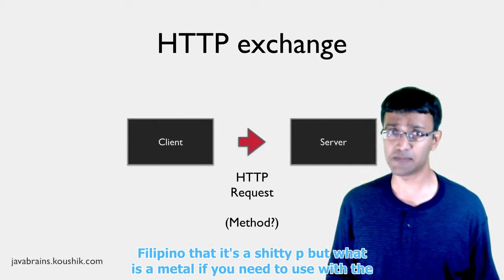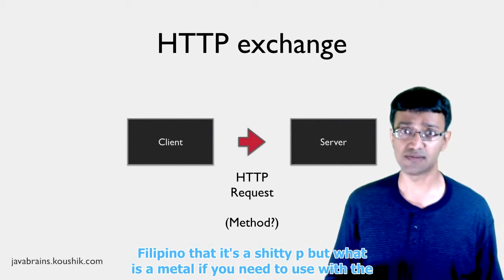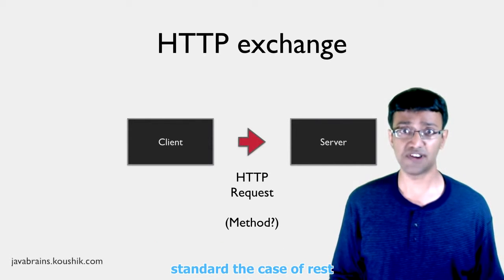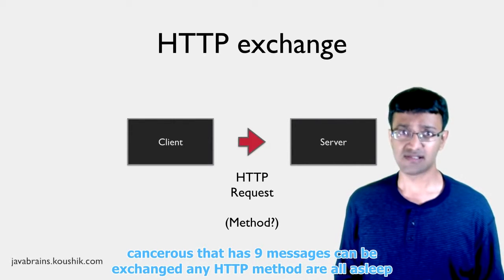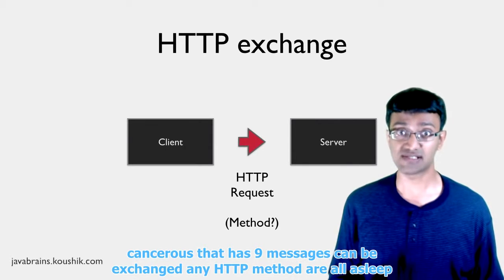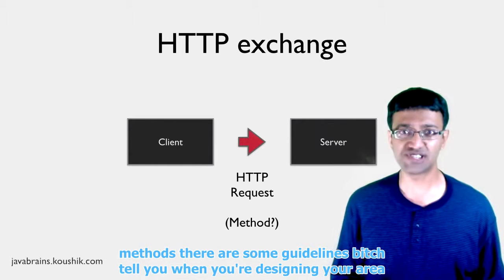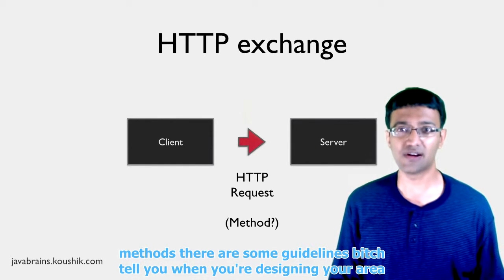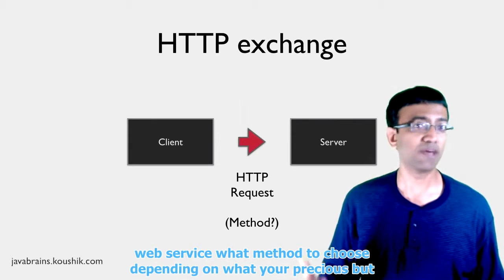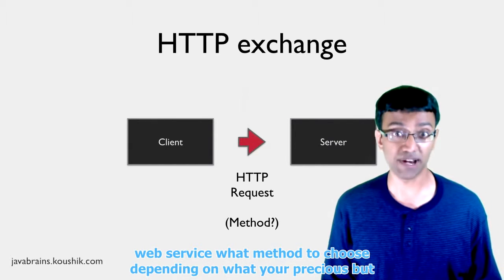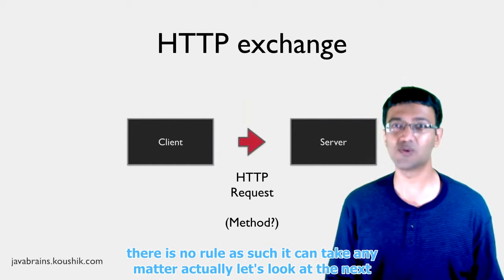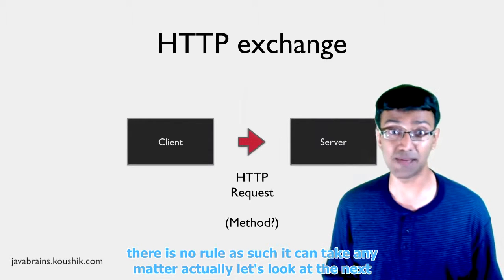We know that it's HTTP, but what is the method that we need to use? What's the standard there in the case of REST? The answer is there is none. Messages can be exchanged in any HTTP method or all HTTP methods. There are some guidelines which tell you when you're designing your API or your web service what method to choose depending on what the operation is. But there is no rule as such. You can pick any method actually.